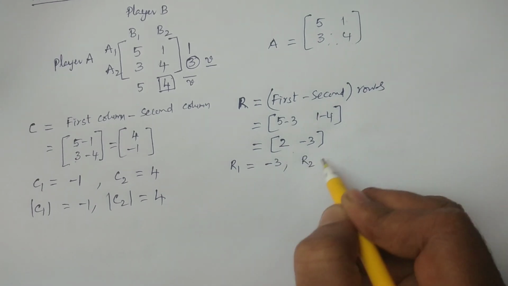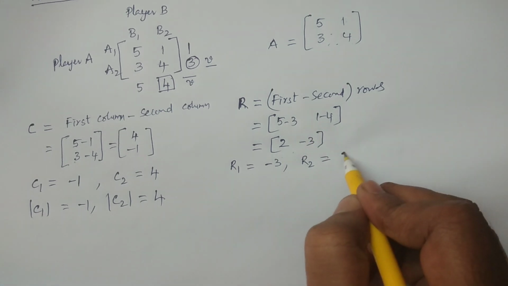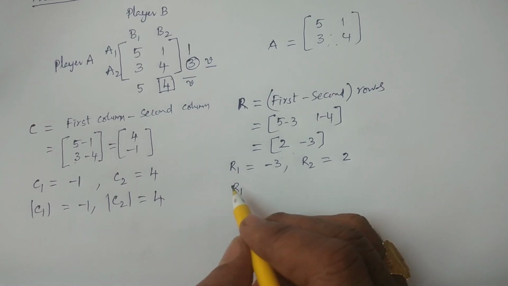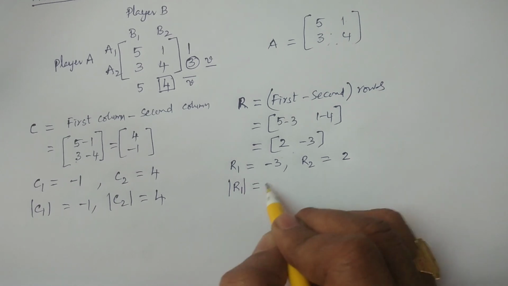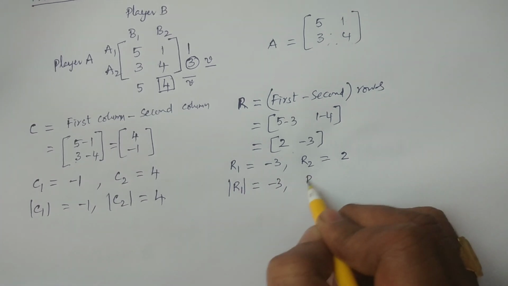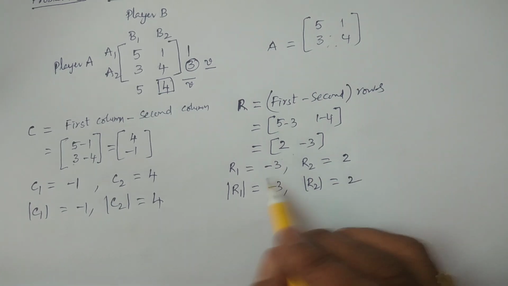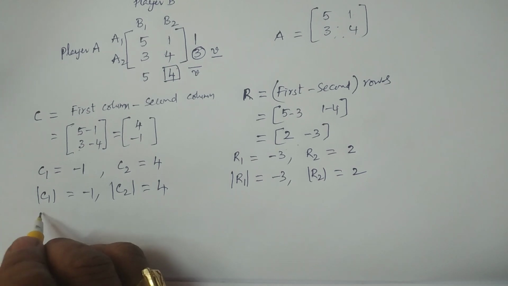R2 is obtained by deleting the second column, and you will have the value 2. Therefore the determinant of R1 is -3 and the determinant of R2 is +2, because they are single elements.